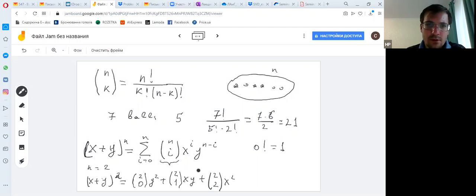It's rather easy to check that this equals 1, this equals 2, and this equals 1. So it is just the formula of x plus y squared.